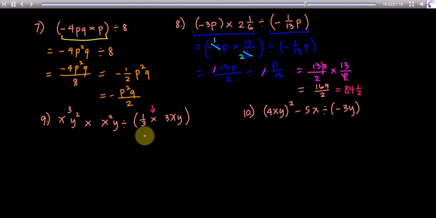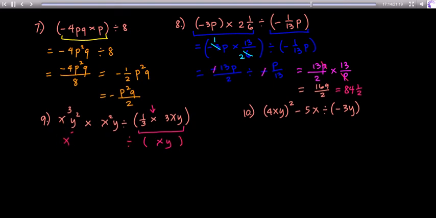But here, let's try this. Again, we are going to solve first those inside the parentheses. So this will be 1/3 times 3xy. 1/3 of 3xy is only xy. So meaning we're dividing by this one.